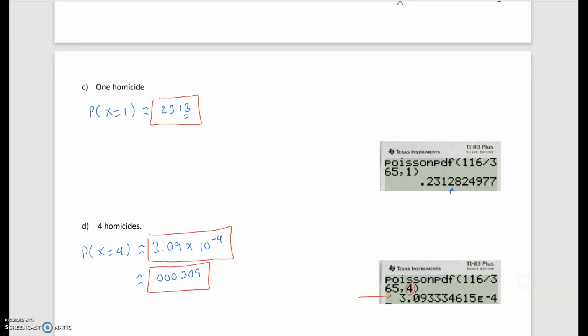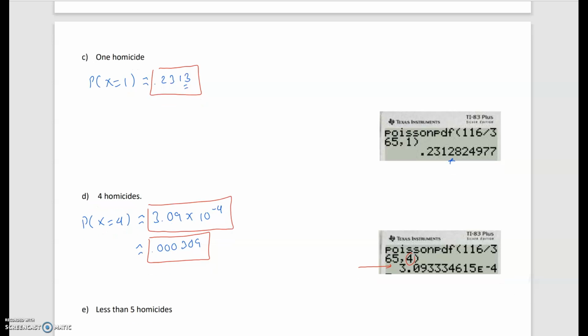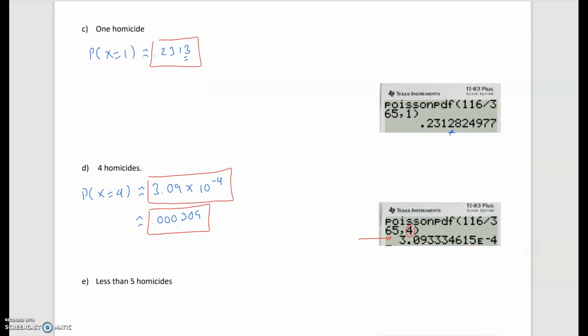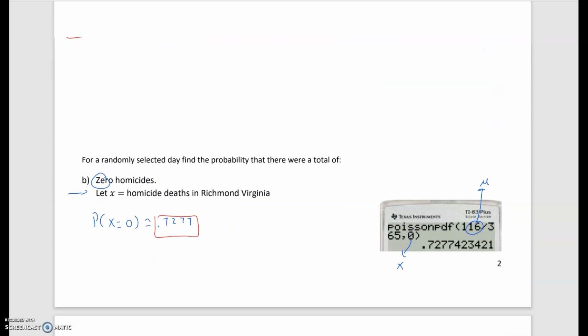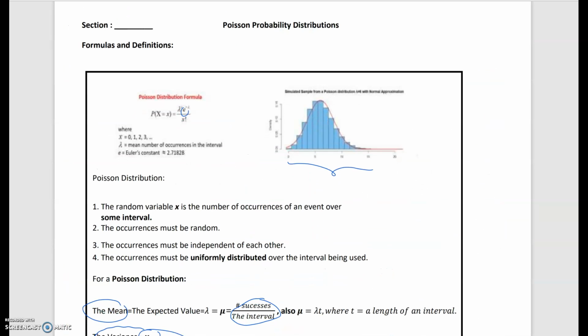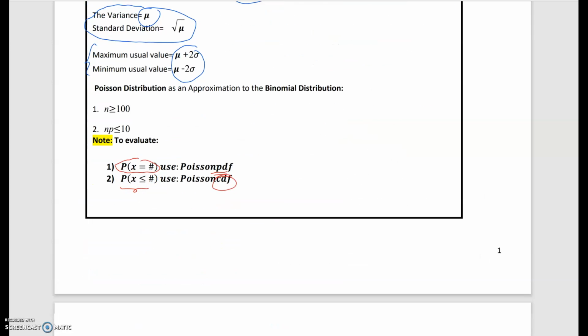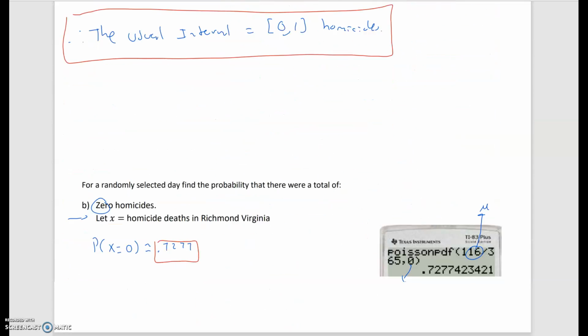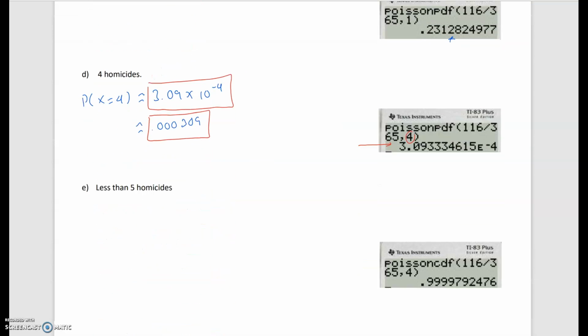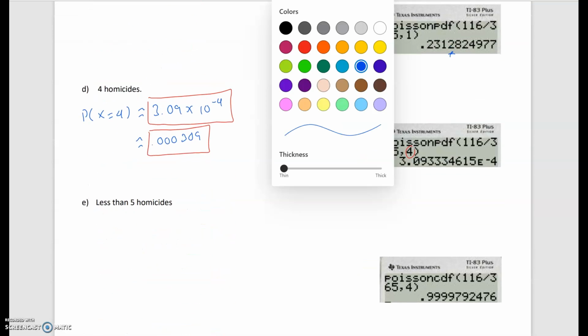Okay, let's take a look at the E portion. And less than 5, so this one tends to be a little bit tricky because of the random variable being discrete. So when we're talking about the Poisson distribution, you're looking at your x's to be integers. So here, if it says less than, you're not going to include the upper bound. So for this particular problem, they're asking for less than 5.